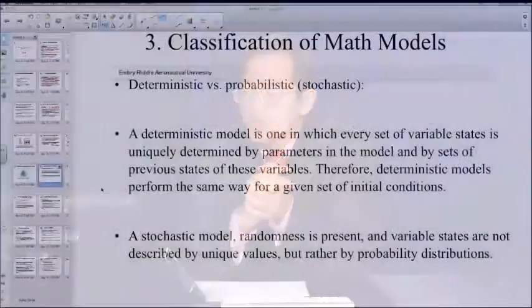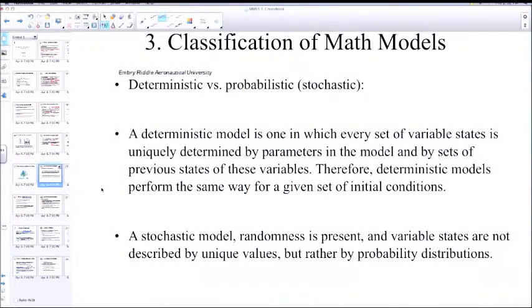Let's go to the classification of the mathematics model. We use keywords to classify models. You can think about a deterministic model and a probability model, or stochastic model.